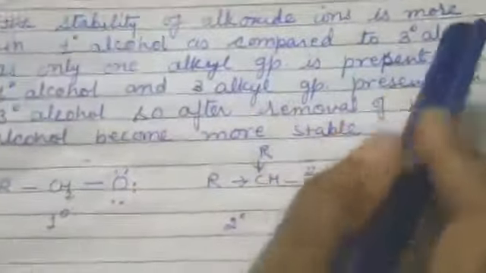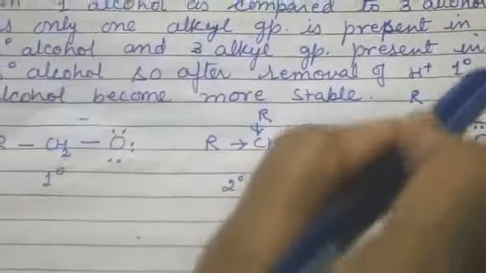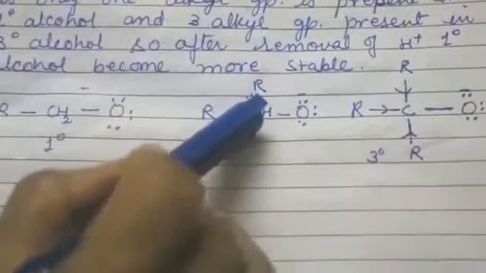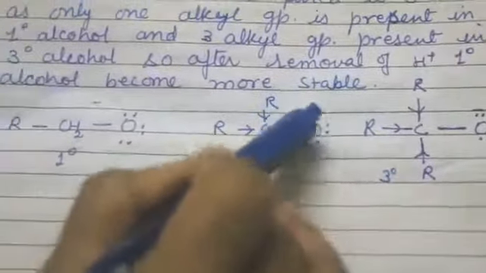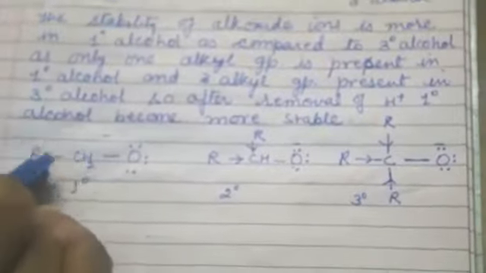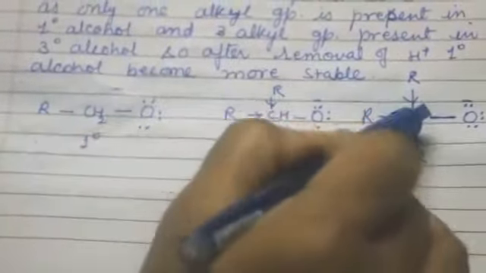In primary alcohol it is more stabilized, as the negativity of this oxygen is less as compared to this oxygen, because only one alkyl group is there.